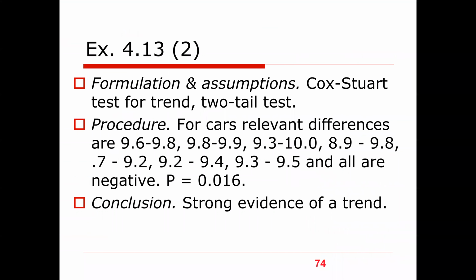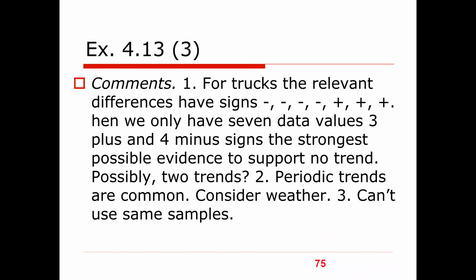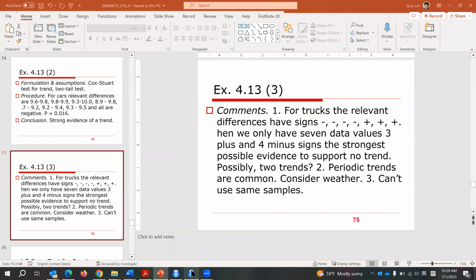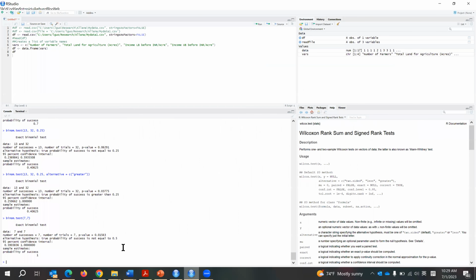That's for car. And then for truck, we do the same thing. Of the 7 differences, the first 4 are negative, and then the last 3 are positive. So if we do the binom test, that should intuitively be no trend, right? binom.test 4 out of 7.